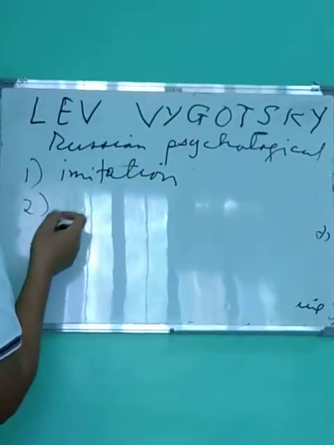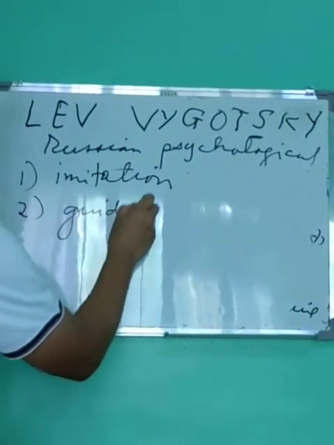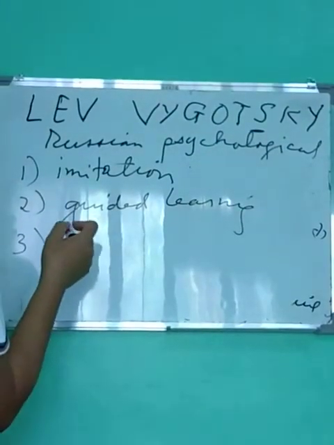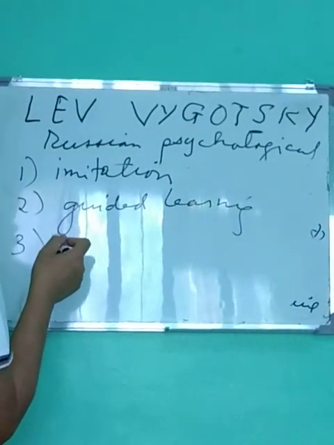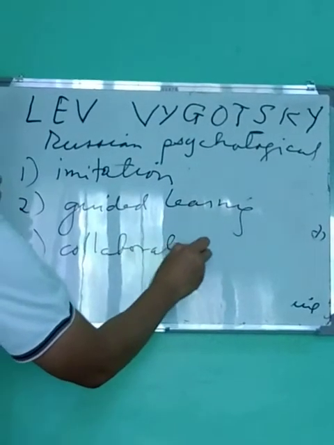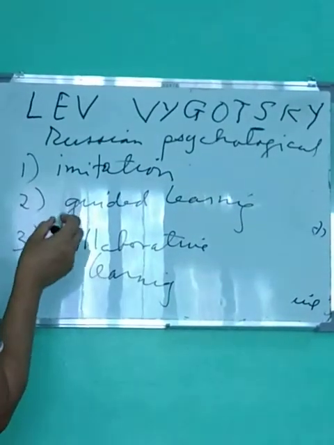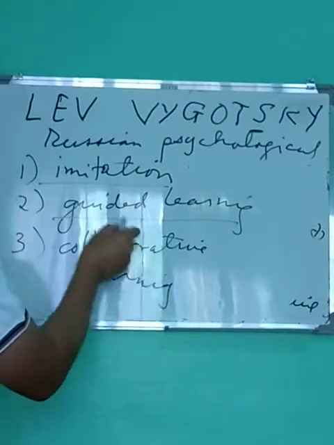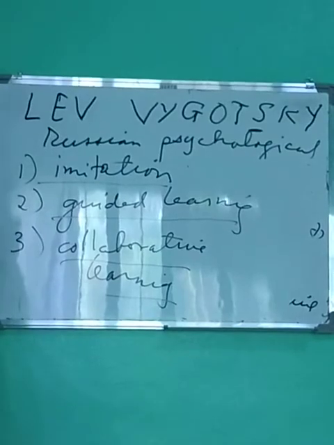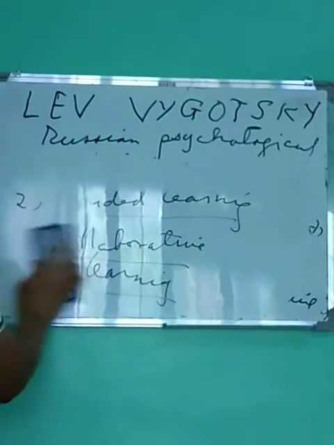Vygotsky is also a contributor to what we now call guided learning, and he is also the advocate of collaborative learning. So if you ask me what the great contributions of Vygotsky are, these are the types of learning that he has contributed in educational psychology and developmental psychology.